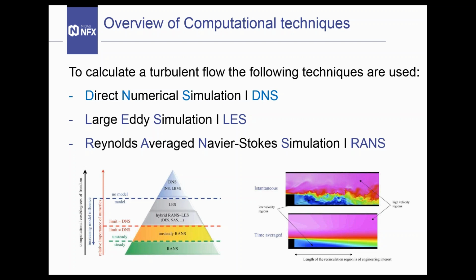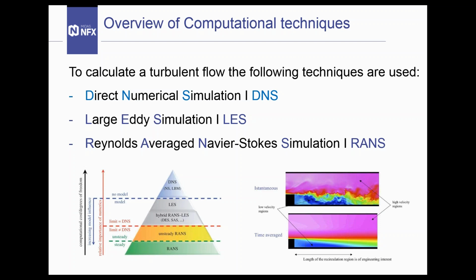So which approach is the best? That's the question that someone asked. Basically, the most accurate approach for some types of problems is direct numerical simulation. The second is large eddy simulation, and finally, the least accurate but much more often used from the practical point of view is Reynolds-averaged Navier-Stokes.